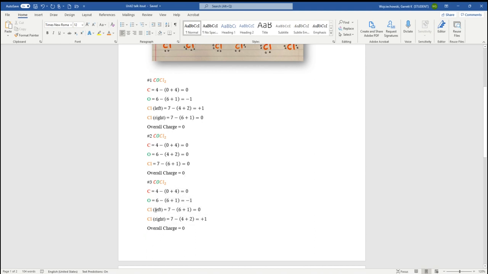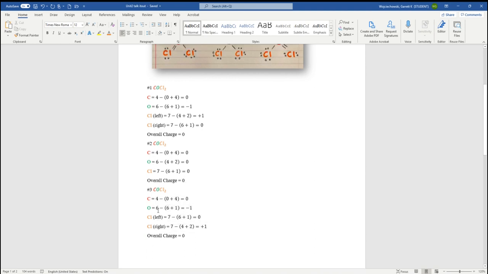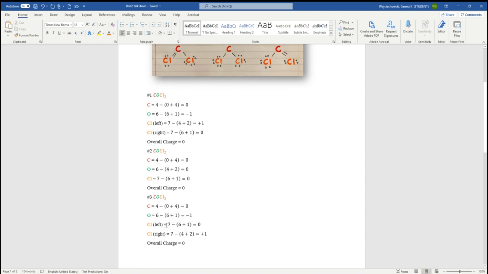Now this time we're going back to the left and right chlorine. This time on the left, chlorine with 7 valence electrons minus 6 lone pair electrons plus 1 bonding electron. 7 minus 7 equals 0.